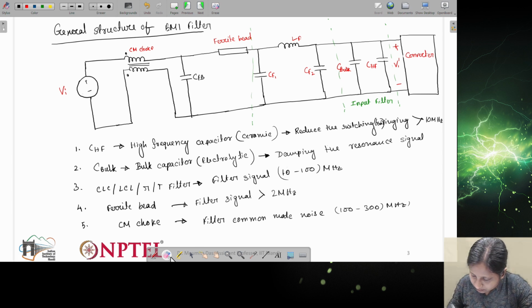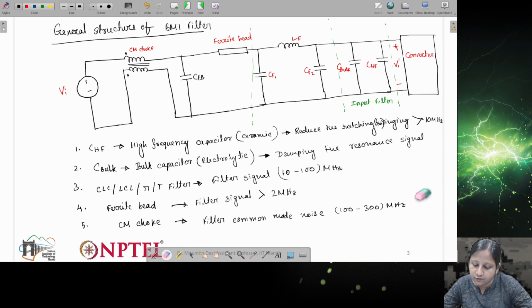Right, so this is the thing. You can see here different frequency ranges and different filter parts which are required as part of the EMI filter.